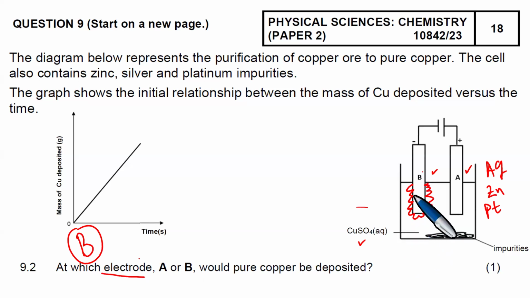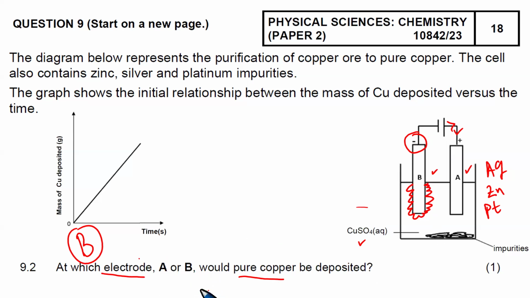Obviously, because electrode B is associated with the negative terminal, and because the electric current will flow like this, the electric current is going to flow towards electrode A, and the copper is going to be deposited at electrode B. This is copper sulfate that is there, so we have pure copper that is going to be attracted towards the electrode associated with the negative terminal of the battery, or the negative terminal of the cell.